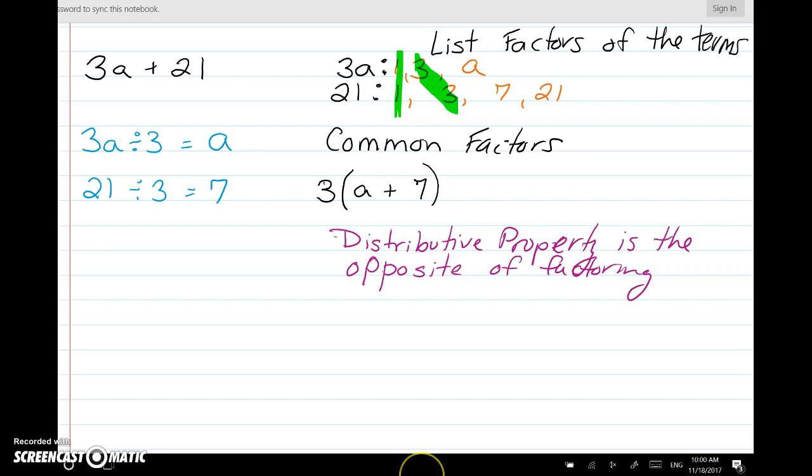Because if I was to use the distributive property on this, I would get 3a plus 21, which is what our original problem was. Let's try another problem here.